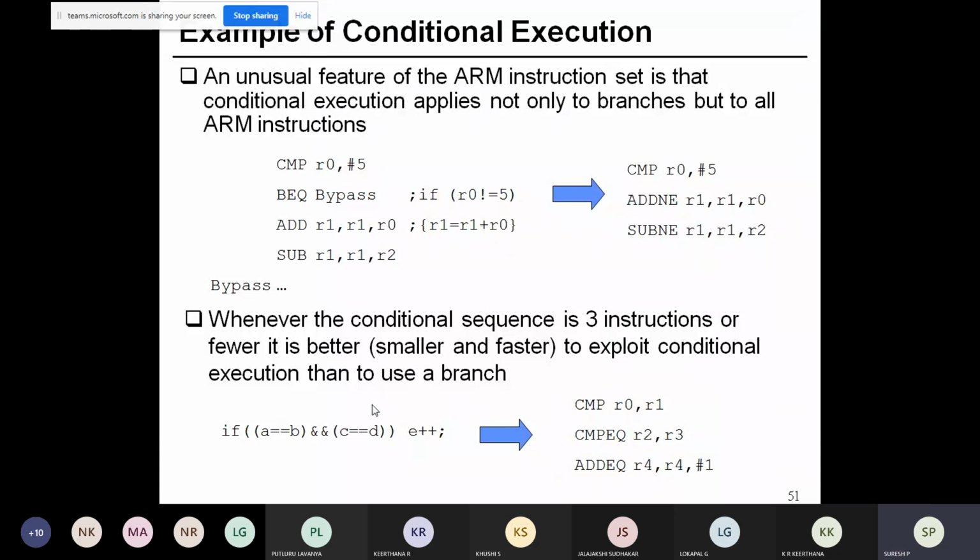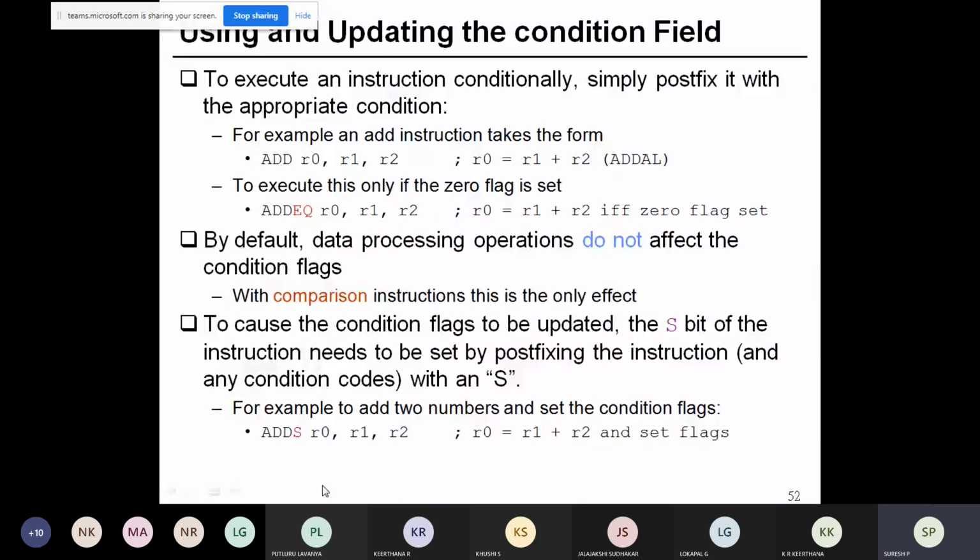If both are equal, which instruction has to execute? It has to execute the compare equal instruction, because it has to satisfy both conditions. If A equals B and C equals D, then I have to increment the value of variable E. So first compare R0 comma R1.